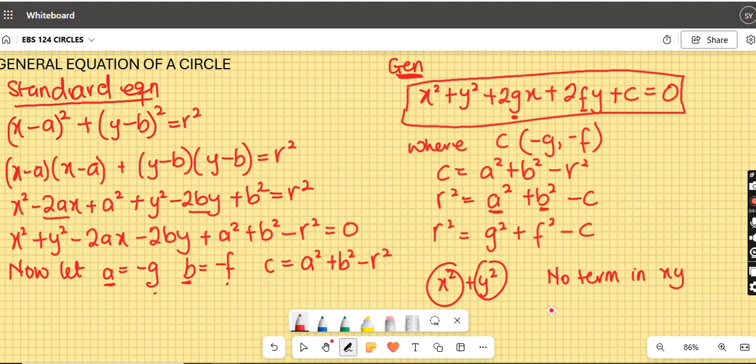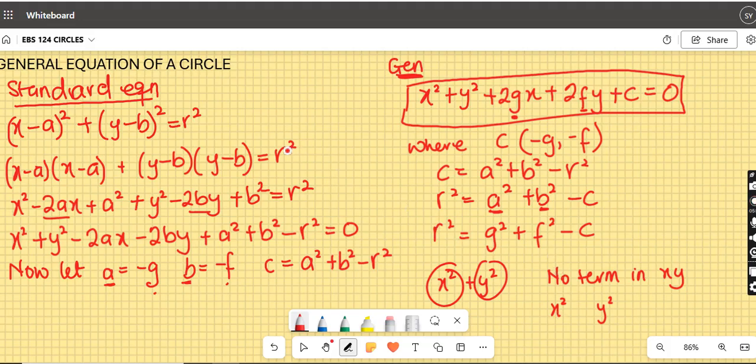And then, most of the time, the highest degree for x and y is 2. We will not find x cubed, x to the power 4, etc. And these are the ways you can identify the equation of a circle, whether standard or general.